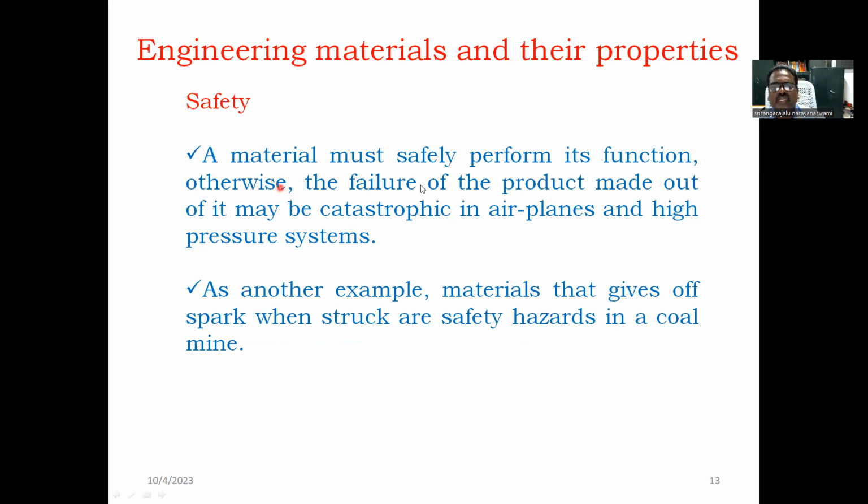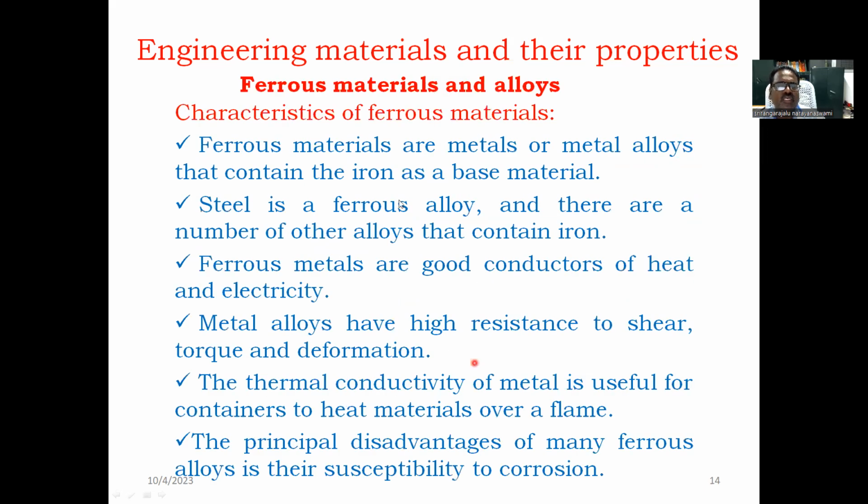Safety. A material must safely perform its function, otherwise the failure of the product made out of it may be catastrophic, as in airplanes and high-pressure systems. As another example, a material that gives off sparks when struck is a safety hazard in coal mines.